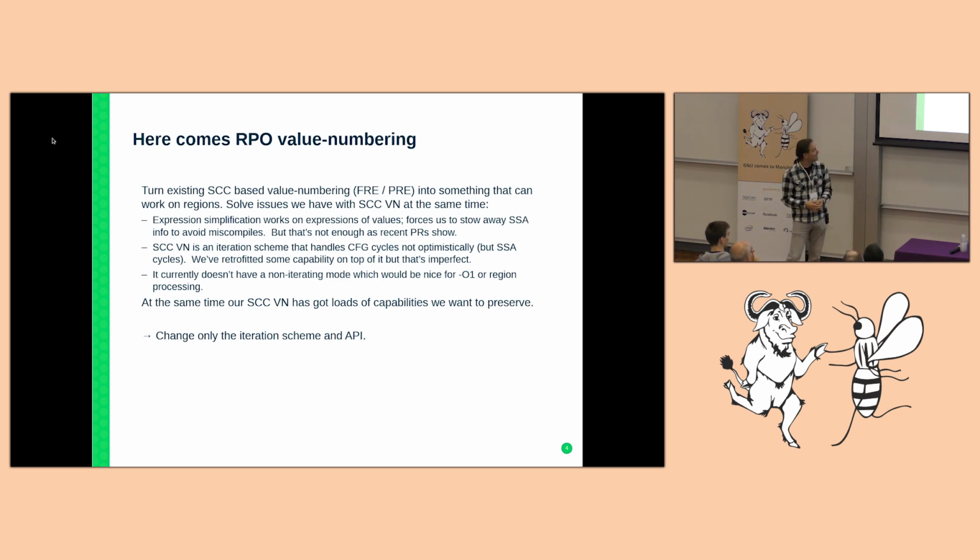And then the SCC-based value numbering is an iteration scheme, but it iterates on the SSA cycles, so basically on phi nodes with incoming backedges. But it isn't really optimistic in the CFG, so it cannot consider initially all edges as not executed, but it considers everything executed.